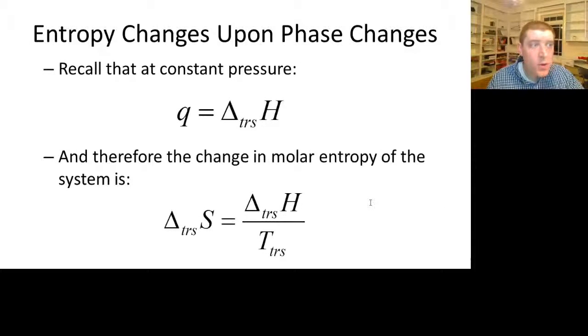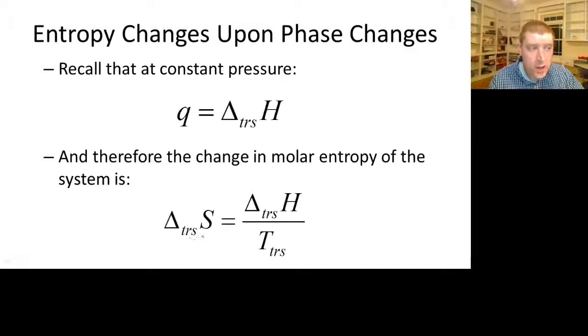All right. So recall that at constant pressure, we have an equation here. At constant pressure, the heat absorbed, Q, is equal to the enthalpy change for that transition, delta transition H, delta TRS H. And thus, the change in molar entropy for the system is this equation here.